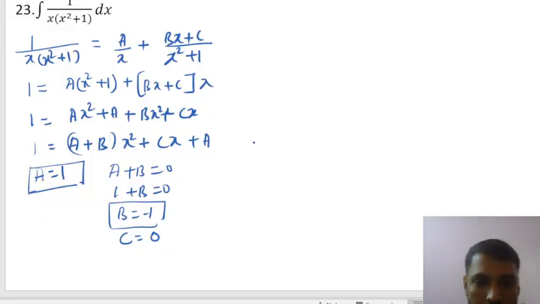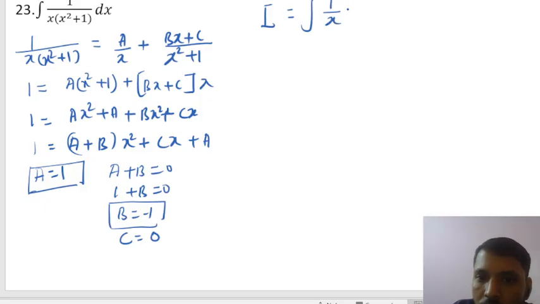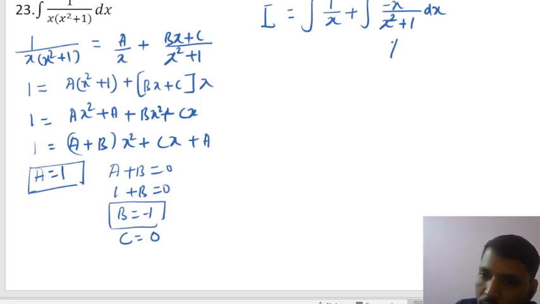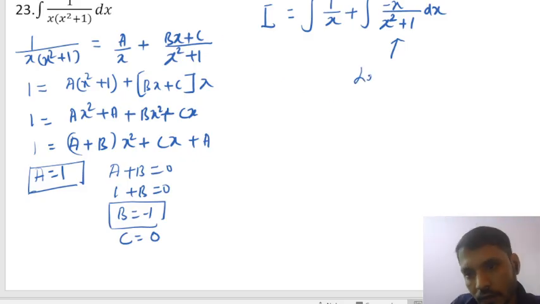Right. So finally, we can write our answer: I is equal to the integration of a, that means 1 by x, plus the integration of bx, where b is minus 1, so minus x divided by x square plus 1, because c is 0, into dx. For this we need to apply substitution again. Let x square plus 1 be equal to t.